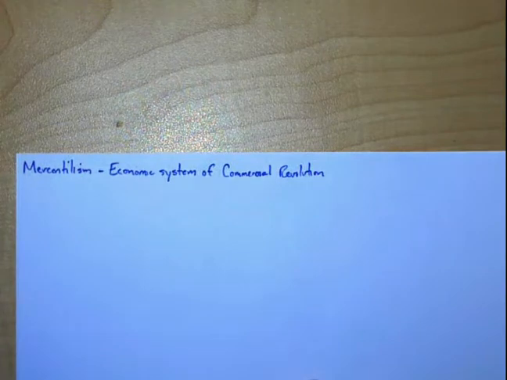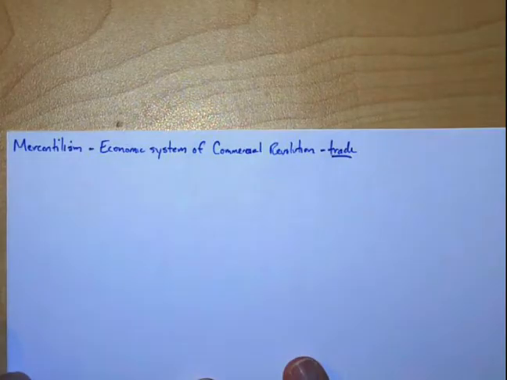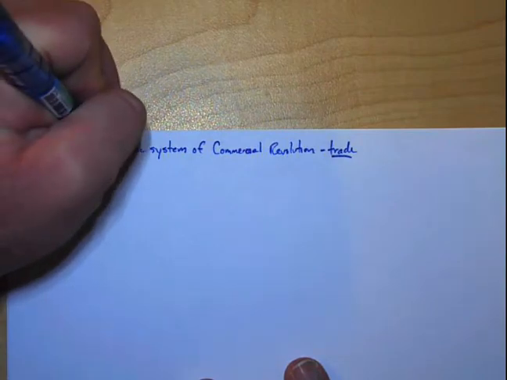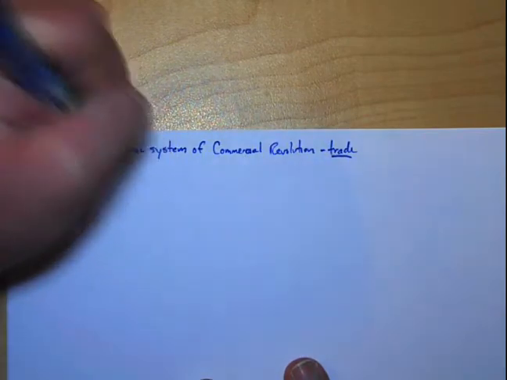So, as we shifted away from agriculture to this economy based on trade, mercantilism kind of replaces feudalism as the dominant economic system in Europe. And this is something that unites constitutional monarchies and absolute monarchies.